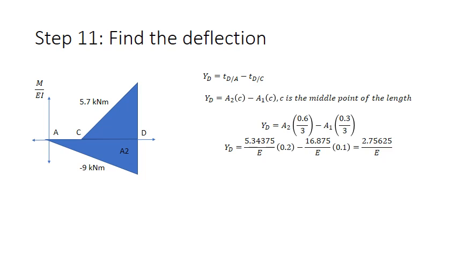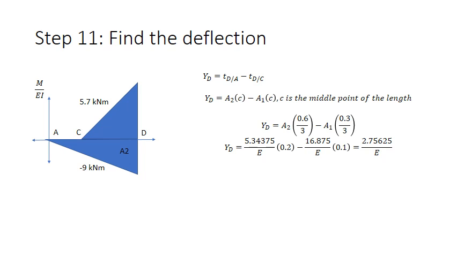Then for finding the deflection, we find the deflection using the second moment area theorem, which is yD equals tD over A minus tD over C. So yD equals, we change tD equals to area times the C, which is the middle point of the length.